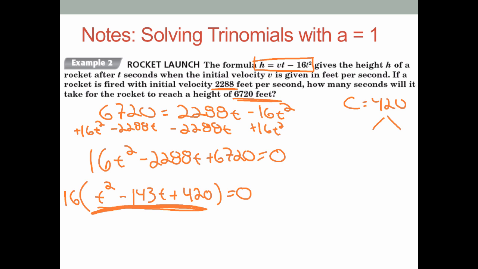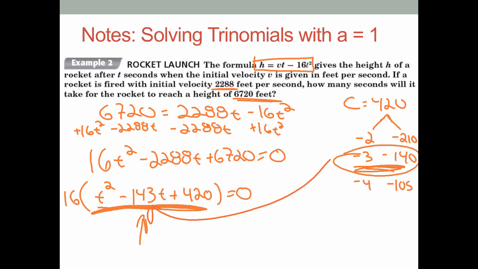Now, I need it to add up to negative 143, so I know that both of them are going to be negative. So, I can start breaking it down into 2 and 210. Well, that's not going to work. Negative 3 and negative 140. Ooh. Once I get to this, I could keep going with this, like negative 4 and negative 105, but I notice that these two numbers are going to equal my middle term.